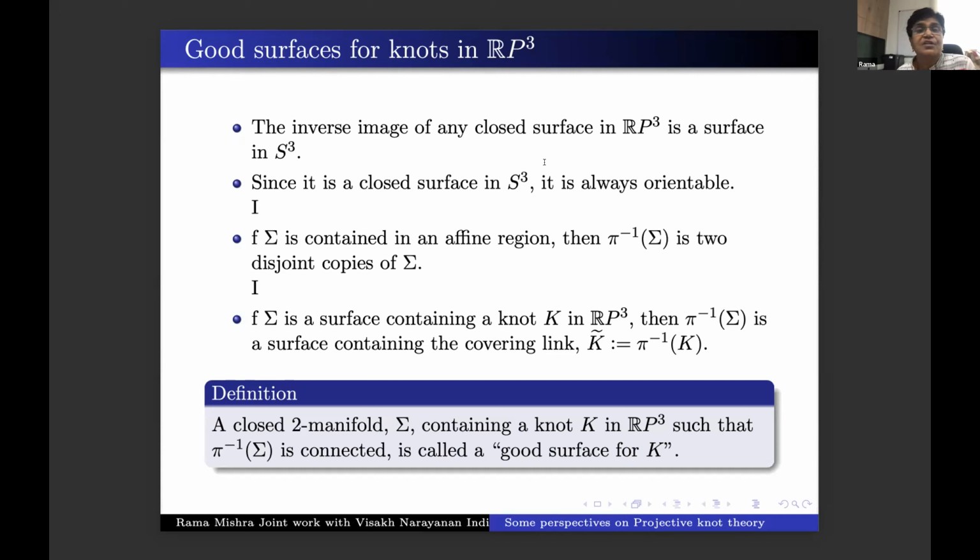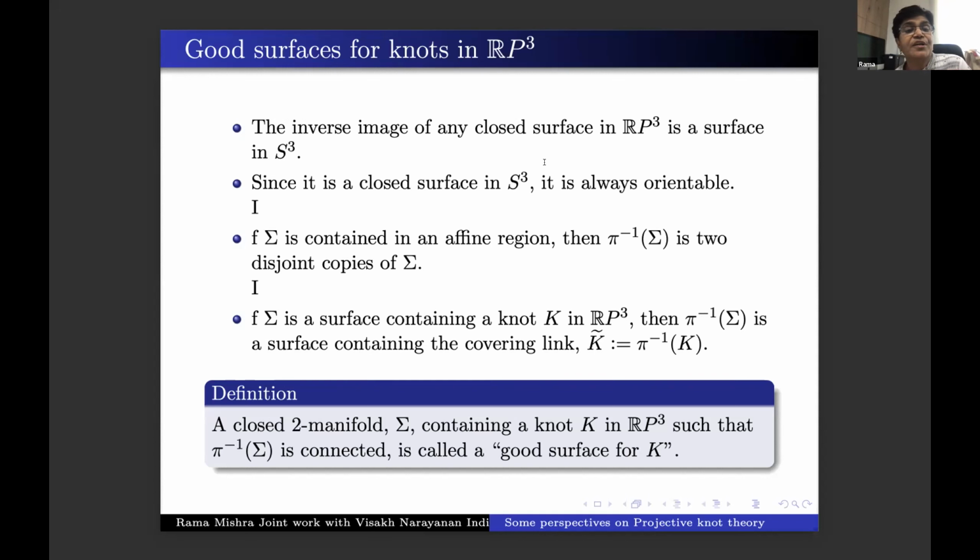So we don't worry about the boundary. We want to find a closed surface which contains a knot. Whenever you have a closed surface in RP3, you take the double sheeted cover and take the inverse image. That would be a surface in S3, and it will always be orientable.